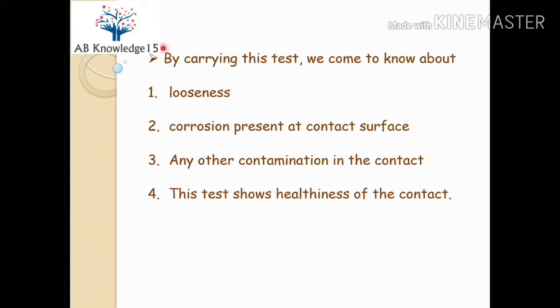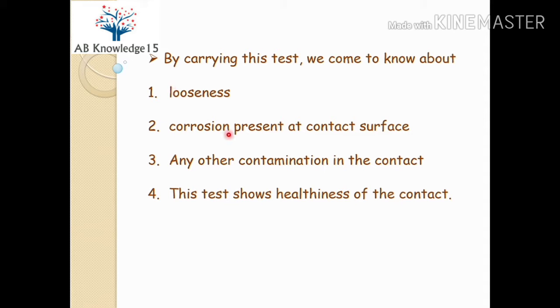Now by carrying out this test, what will we come to know? We will come to know about any looseness in the contact, meaning at the joining point of the contact. Due to looseness the resistance value will become high, so we can come to know about looseness at the point of connection.